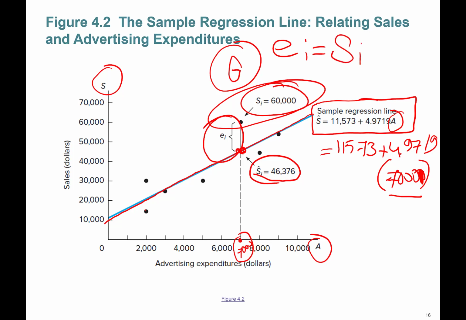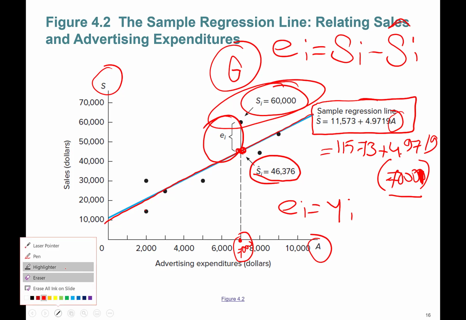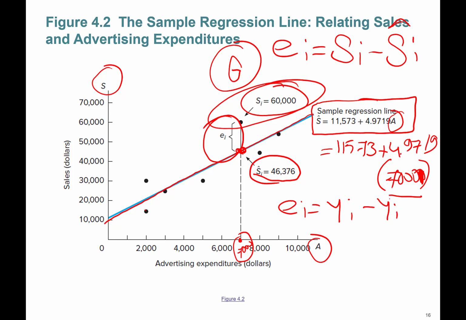So it's the true value minus the predicted value of sales. Okay, so if you look at the general residual formula, it's the true value of y, right? There are no hats there. The true value of y minus the predicted value of y i hat. Okay, so that's your residual. So what we do in regression is we look at these little distances.